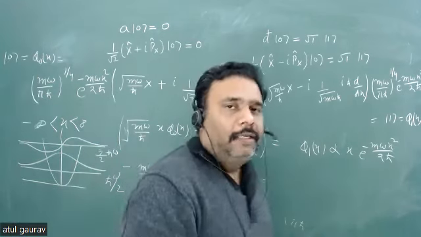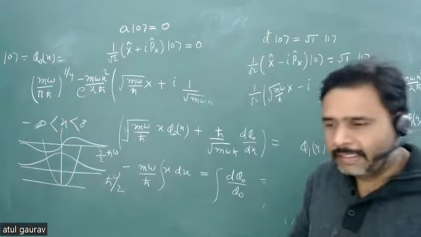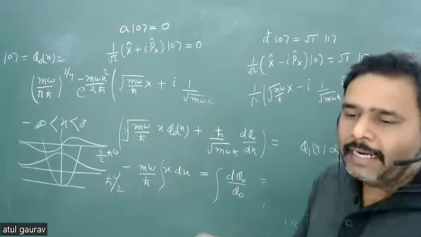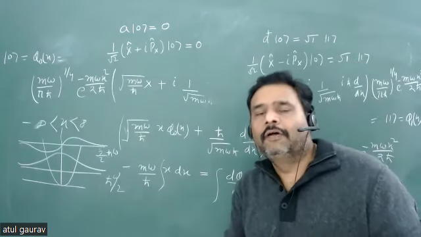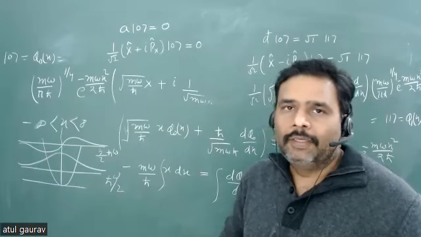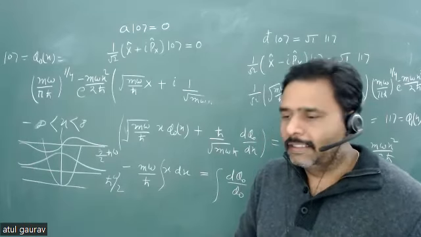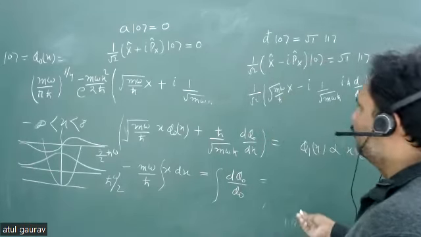Similarly, you can find the second, third, fourth, and if you have enough knowledge of Hermite polynomials and their definition, you can find phi n.